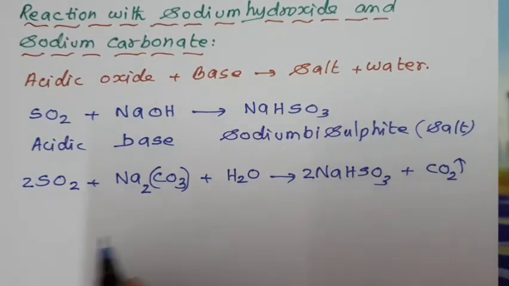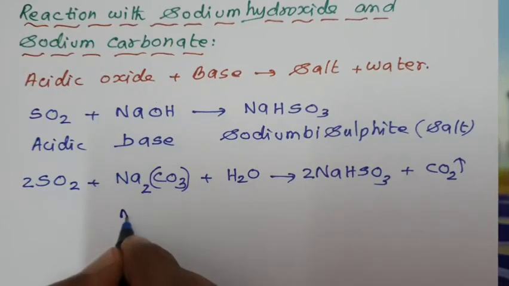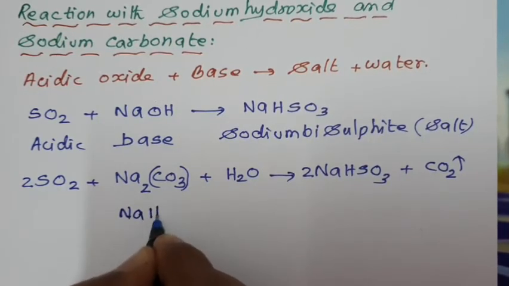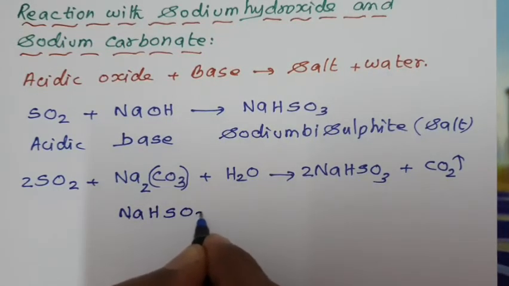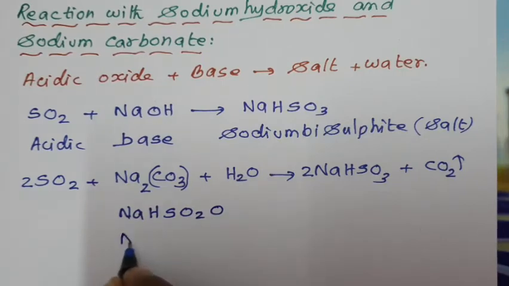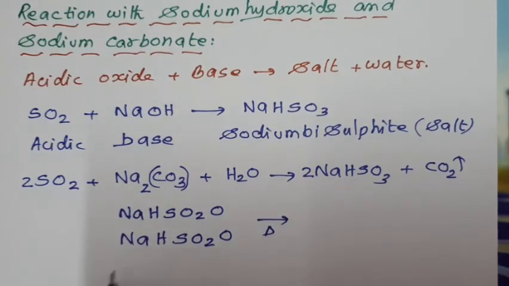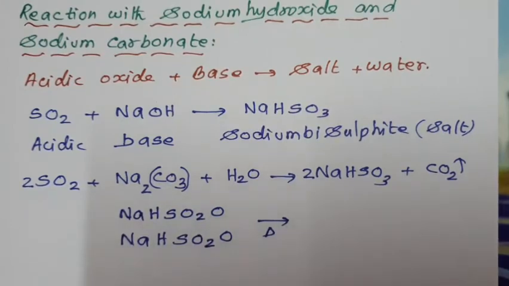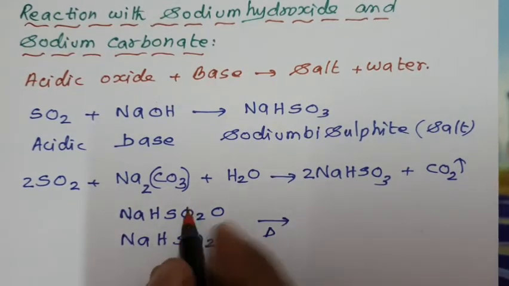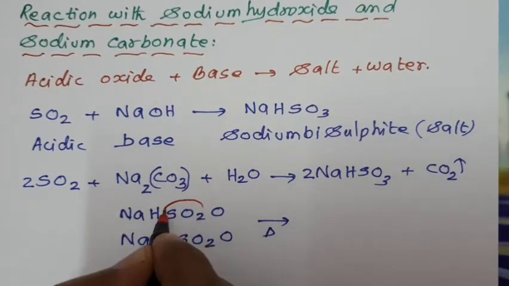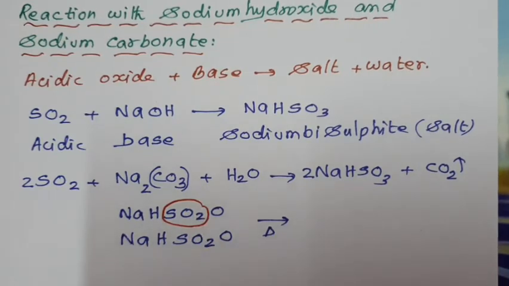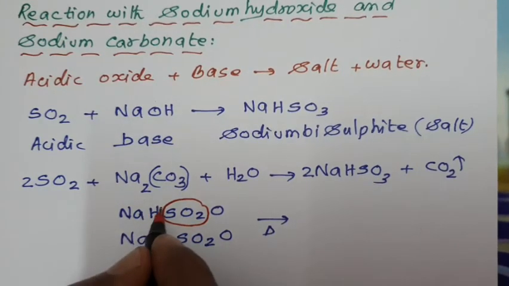The sodium bisulfite, NaHSO3, formed again undergoes decomposition, with loss of 1 molecule of sulfur dioxide, liberation of 1 molecule of SO2, and loss of H2O.